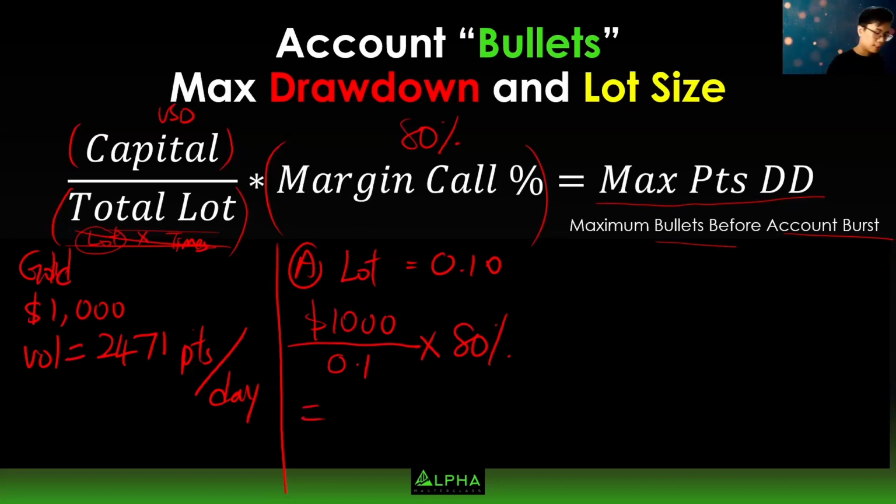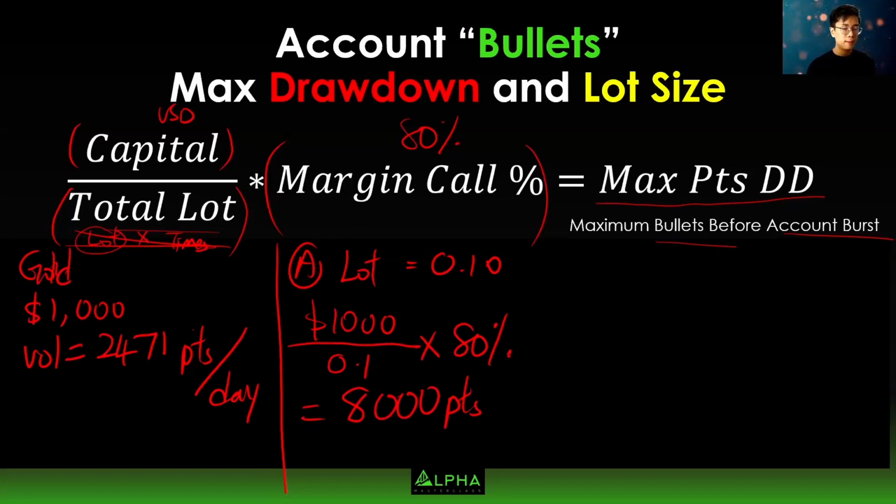So guys, take out a calculator and we do the calculation together with me. 1,000 divided by 0.1 times 80%. So the number is 8,000 points. This is percentage.